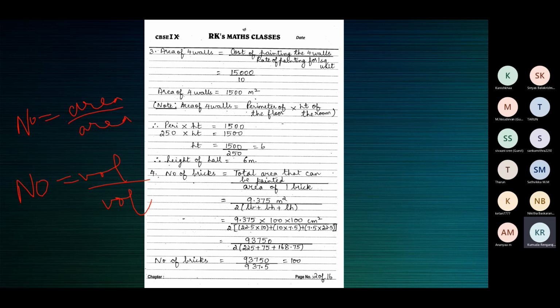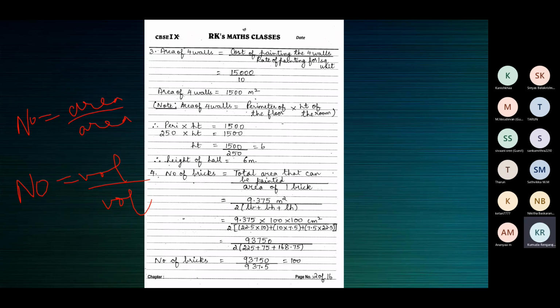You can lift the brick and you can see it has 6 surfaces. You have to paint the brick all over, all the 6 surfaces. That means you will be painting its total surface area, given by the formula 2 of LB plus BH plus LH. That is for one brick.